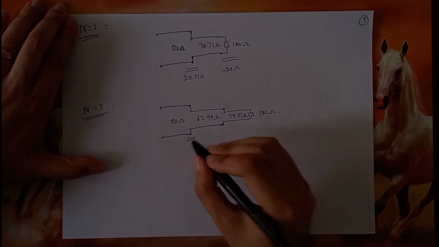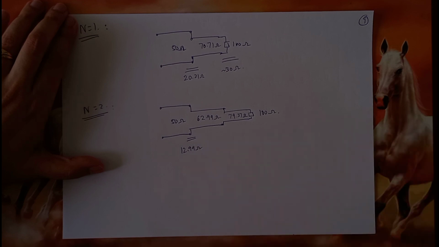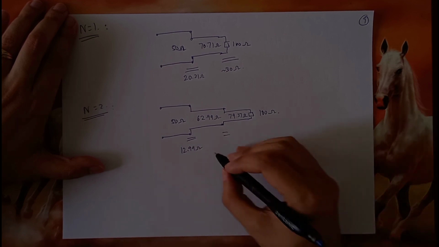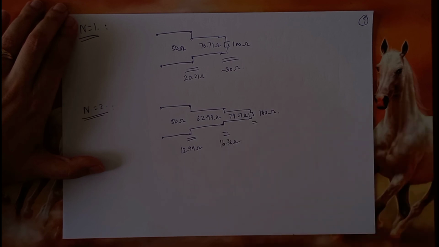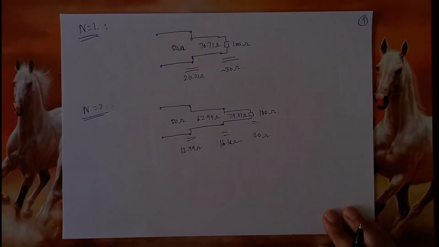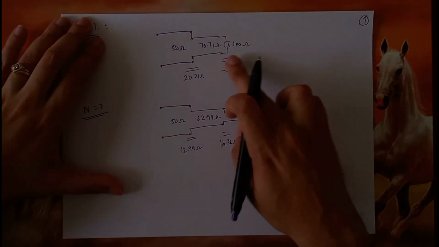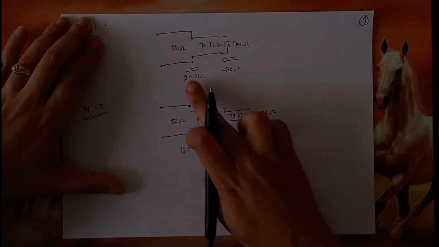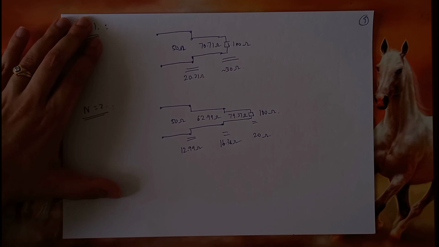Here, for the first jump, it's roughly about 12.99 ohms. The second jump is somewhere around 16.38 ohms. And the third jump is about 20 ohms. So if you compare this with the previous case, you will see that the individual jumps in impedance are much smaller as compared to before.